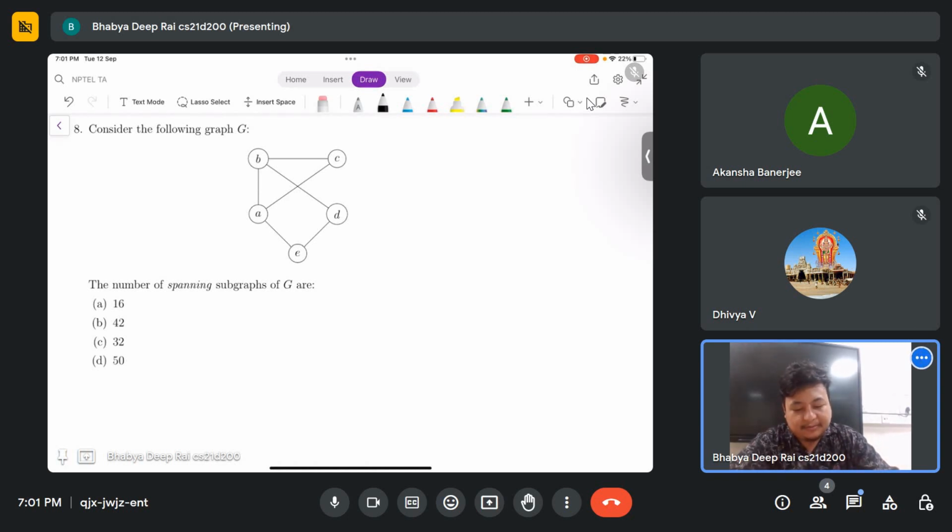So the question is as follows: consider the following graph G. What is the number of spanning subgraphs of G? Okay, another nice combinatorial question. I'll let you guys think about it, but just to recall, what is a spanning subgraph?